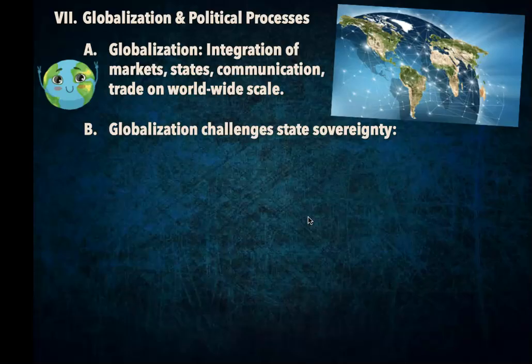Globalization. So when we talk about this challenge to state sovereignty, think back in unit 3 when we were learning about how some cultural diffusion sometimes is seen as negative.